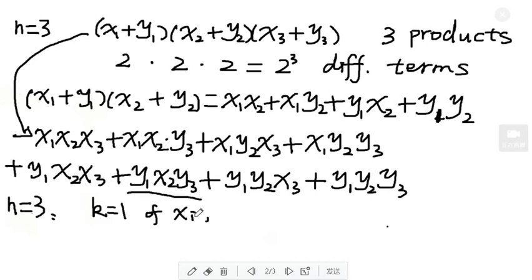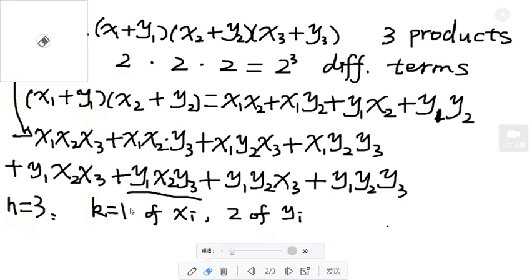So if I choose 1 x, that means I should choose 2 of y. Make sense? Is it clear? So if I choose 1 of x in each term, I'm talking about in each term, okay? Then I'm going to choose 2 of y, right?